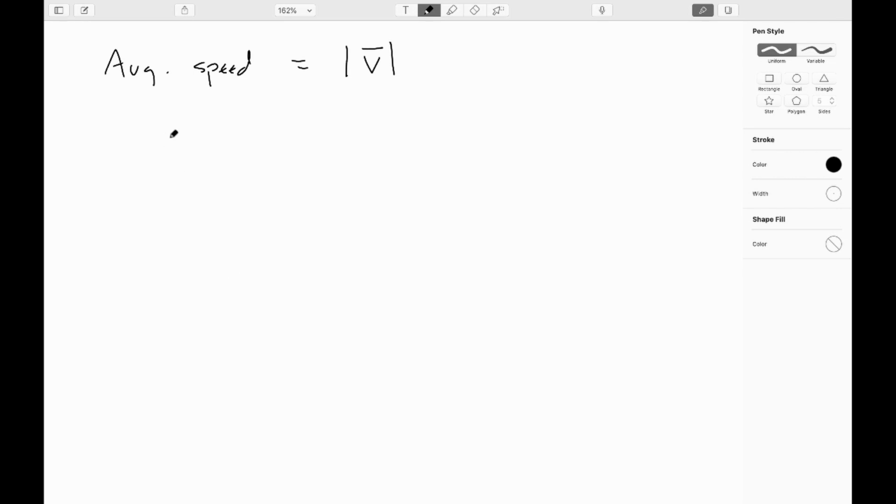So for instance, we could have one runner going to the right at, say, I don't know, 5 meters per second. And I could have another runner going to the left at also 5 meters per second. And we'll say these are average velocities.